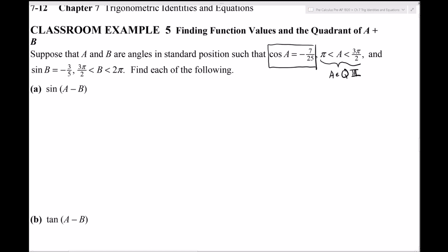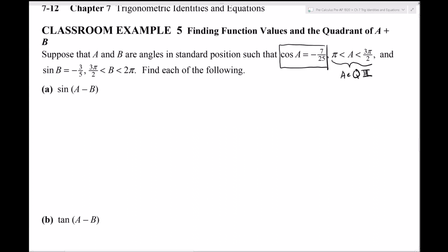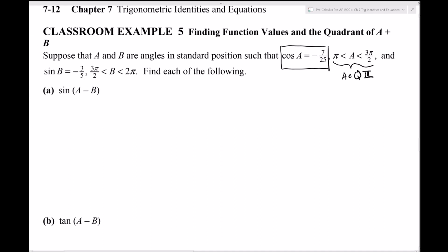Pi is 180, 3 pi over 2 is 270. That's quadrant 3. Sine B is equal to -3/5. And then B is found in quadrant 4, it looks like. Let's keep it consistent. Roman numeral, Roman numeral. Okay, so quadrant 4.